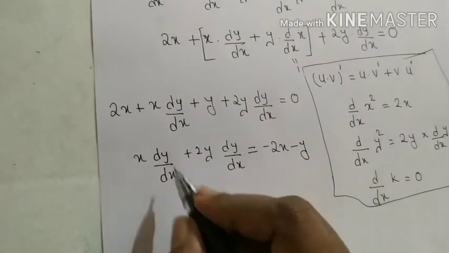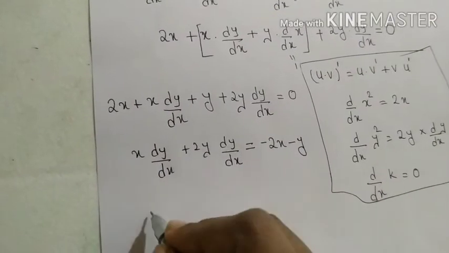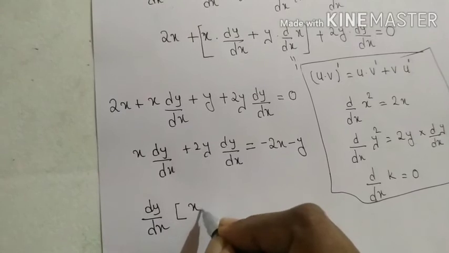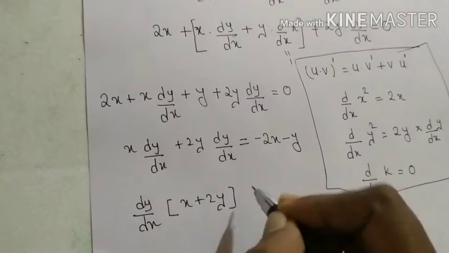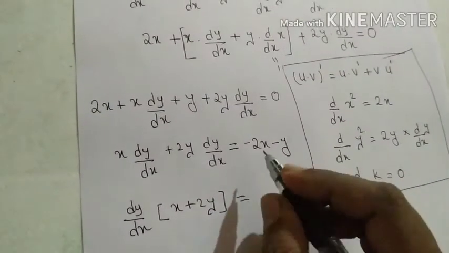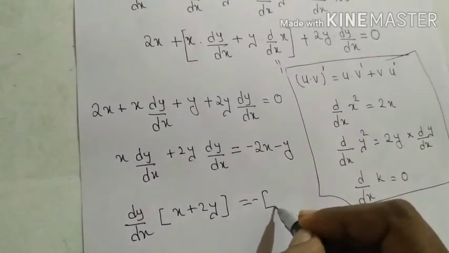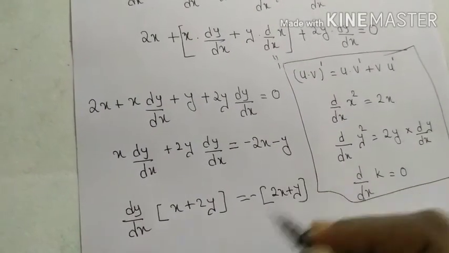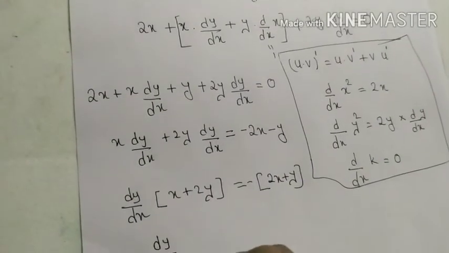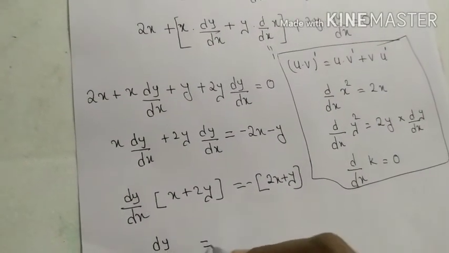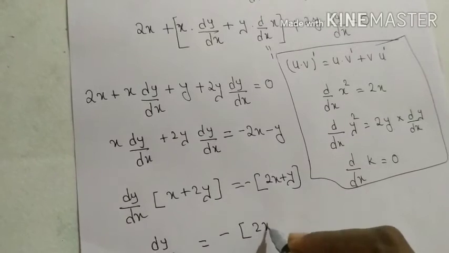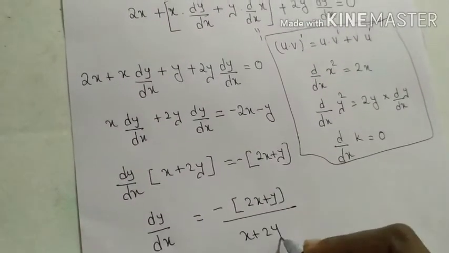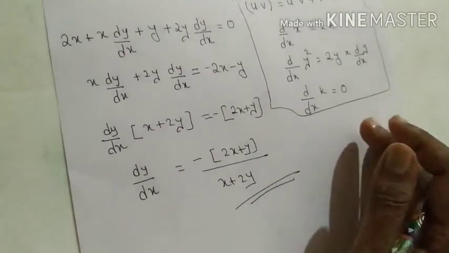Okay, dy by dx is common in these two terms, and taking it outside we get dy by dx into x plus 2y, which will be equal to, here minus is common, so taking it outside we get 2x plus y. We need to find dy by dx, which will be equal to minus of 2x plus y divided by x plus 2y. This will be our final answer.